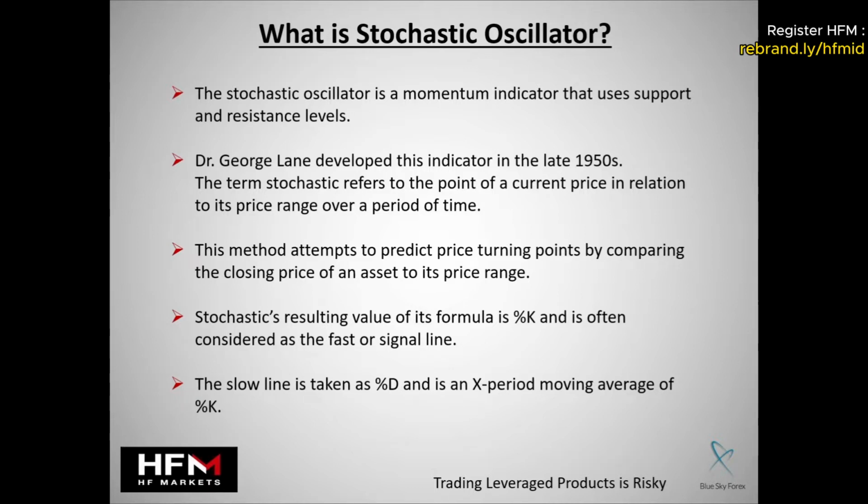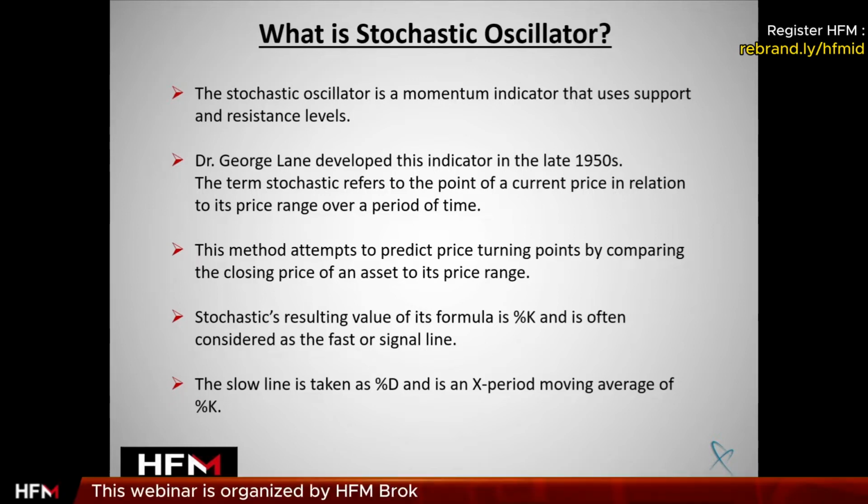Now there's also the slow line, the percentage D line, also plotted onto the stochastics indicator, and that is the next period moving average of that K line, which is the signal line. So there are two lines. One of them is the moving average of the signal line, and the other one is the actual signal line, which is based on the calculation of the stochastic oscillator.